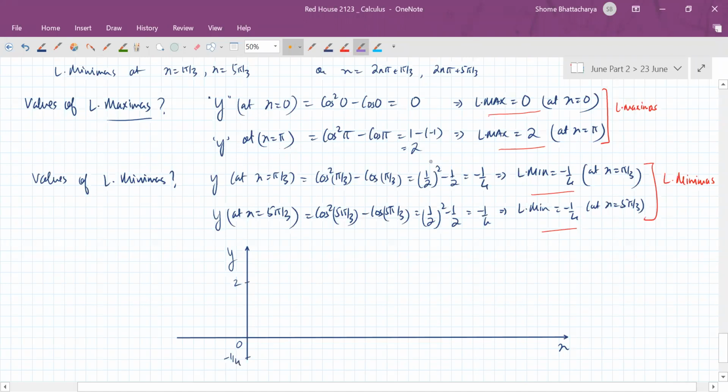So it is having a local maxima of 0 at the point x equal to 0. So it's like this. Okay. Then it's coming down to minus 1 by 4 at pi by 3. You can see. Then it's going all the way up to 2 at pi.